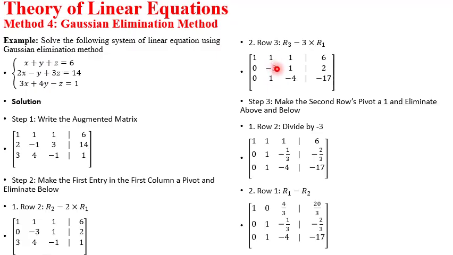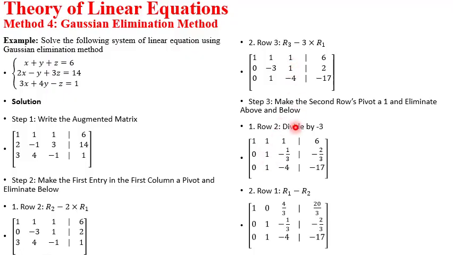In order to make this a 1, what we do is divide row 2 by minus 3. So 0 divided by minus 3 gives us 0, and minus 3 divided by minus 3 gives us 1.